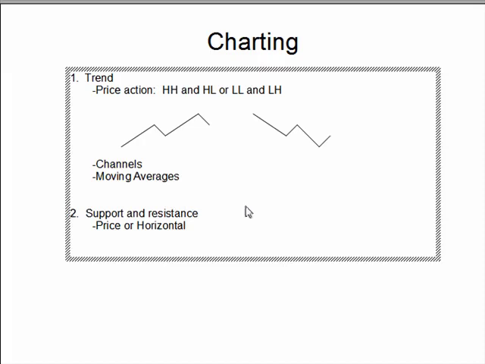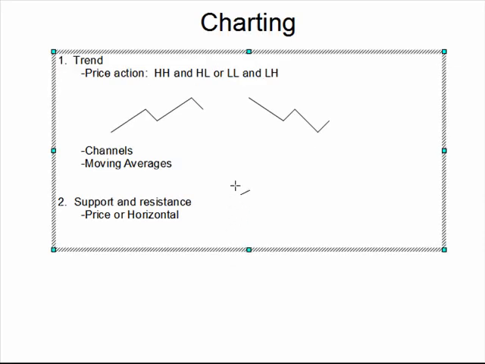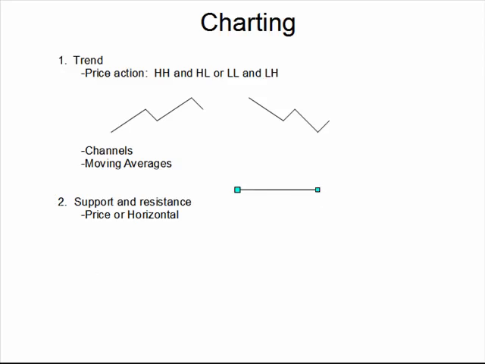Where the price is running into areas of support or resistance on a horizontal plane. And so the price will bounce between these levels because buyers or sellers come in, causing the price to move back down.